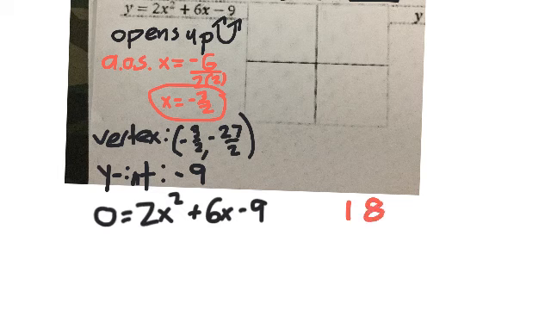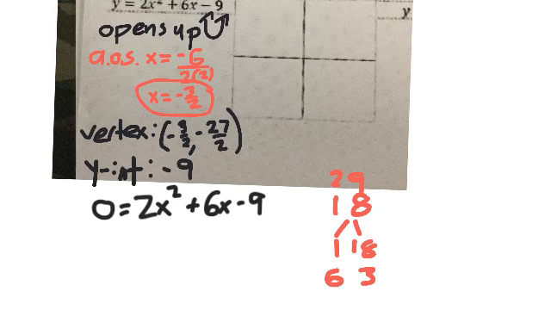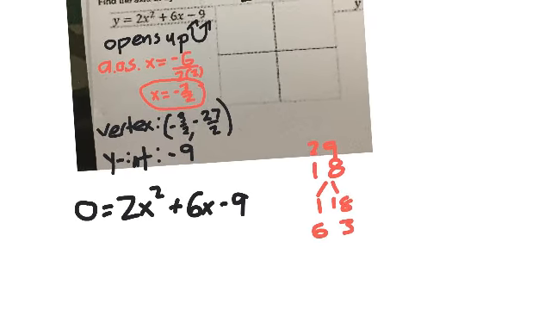What multiplies to be 18, added or subtracted, to give 6? Well, 1 and 18 wouldn't work. 6 and 3 wouldn't work. 2 and 9 wouldn't work. Well, that's nice. So I cannot factor.